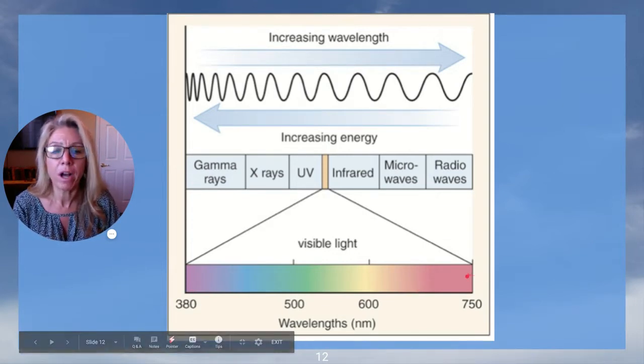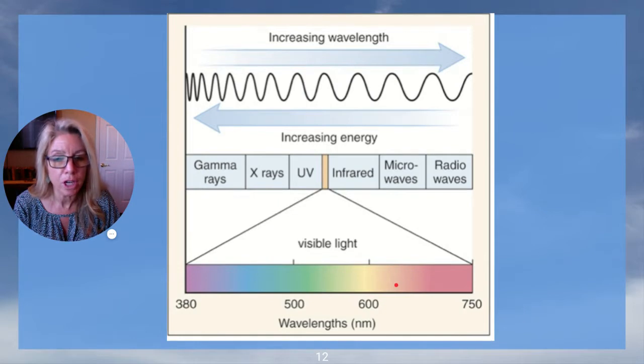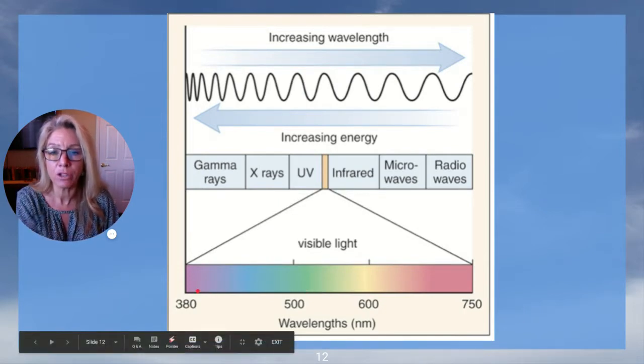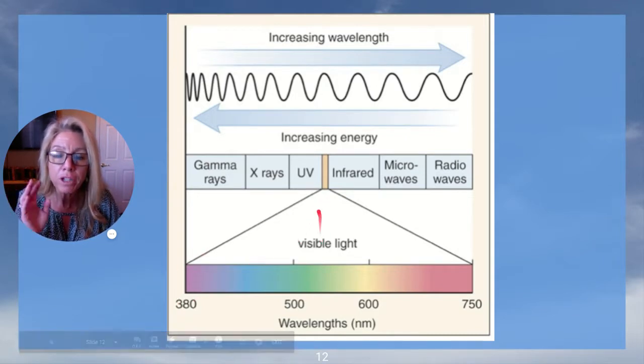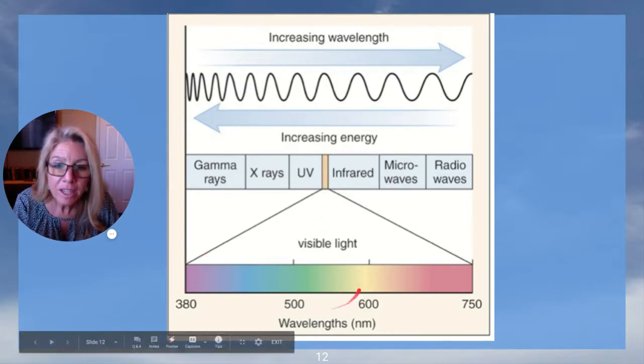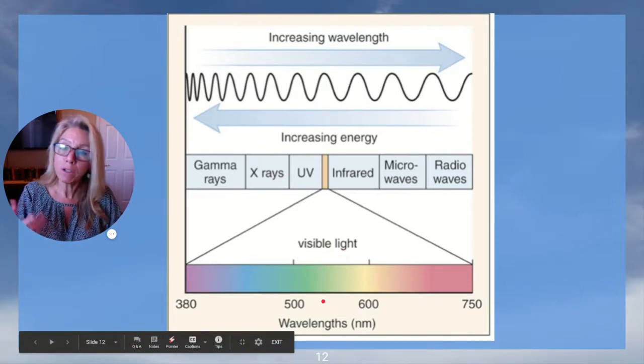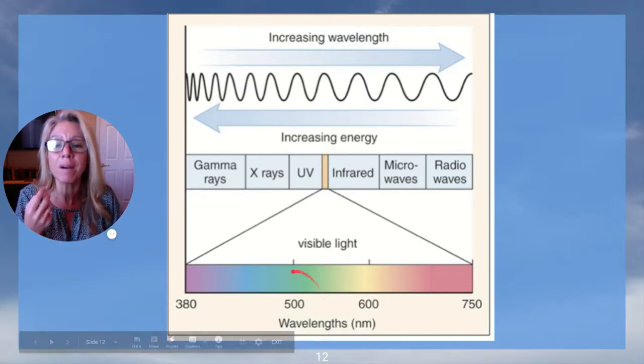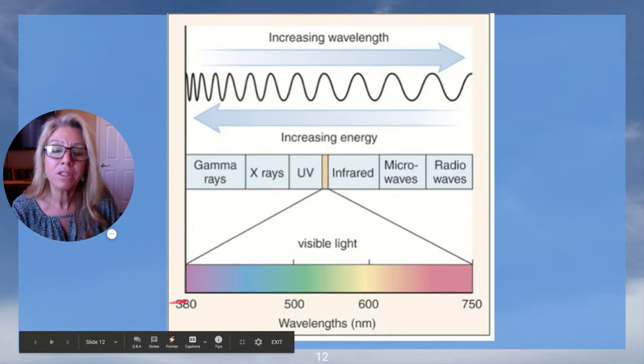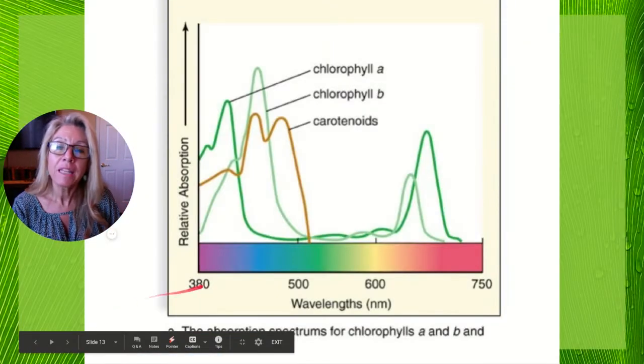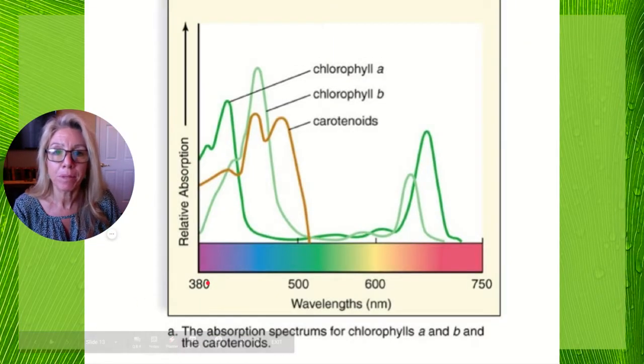As a way to remember the colors: red, orange, yellow, green, blue, indigo, violet, as you move across the spectrum, with violet being the most powerful. But on your visible spectrum, notice green right here. Most plants appear green, so they must not be using this light, but because your plants don't appear purple or red, they are using those two wavelengths. So let's look at some of the different pigments that plants have.